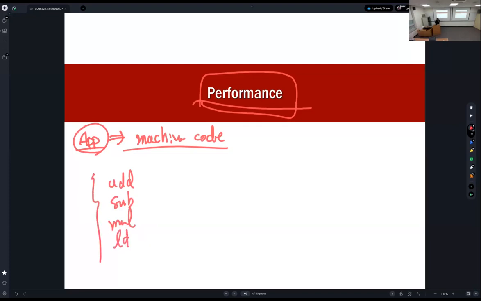These are examples of instructions. What does that mean? The CPU can execute one add instruction, and after that, the CPU can execute another instruction.